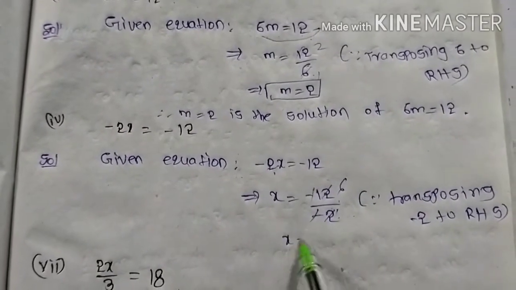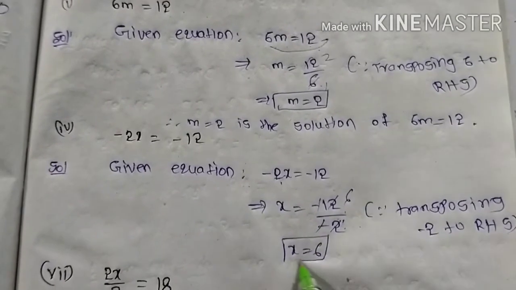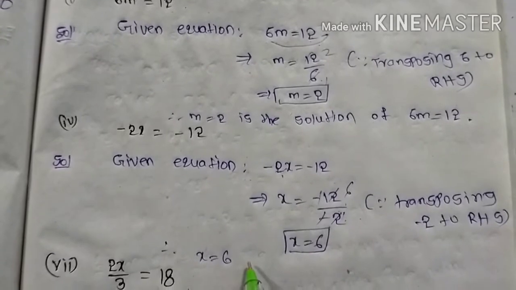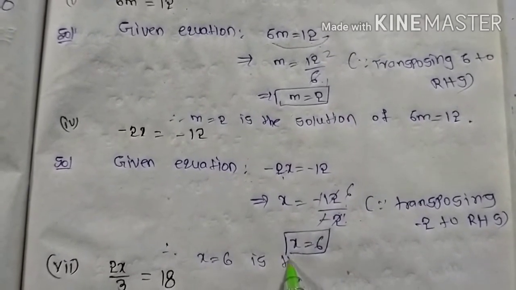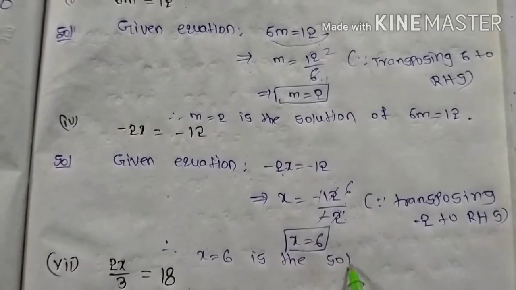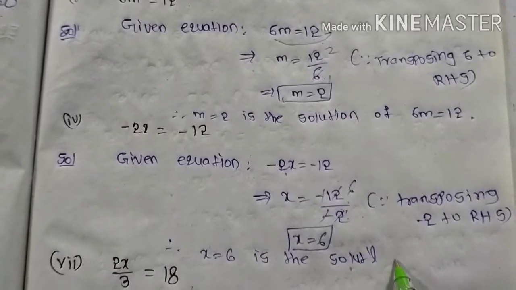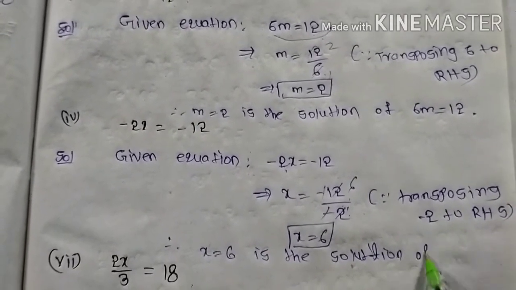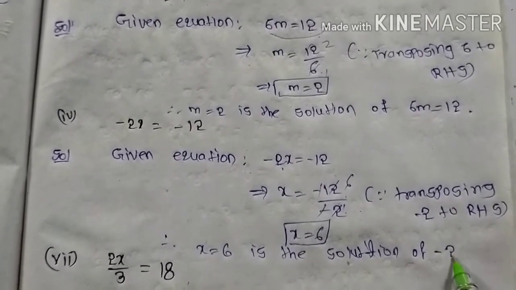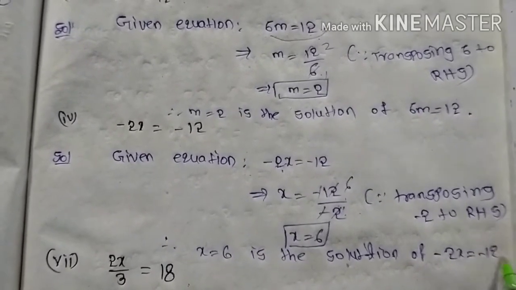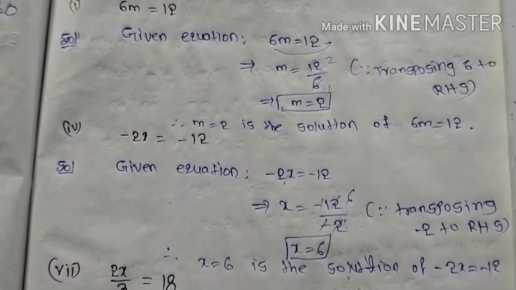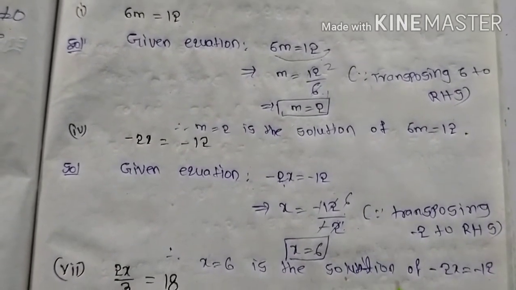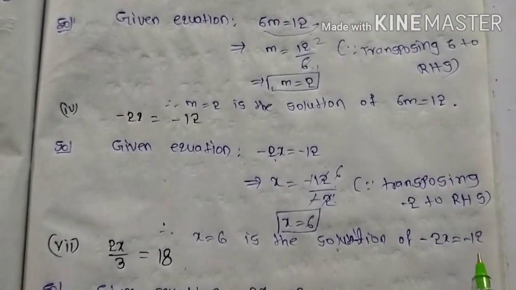That means x is equal to 6. You can write there, your answer is x is equal to 6 is the solution of minus 2x is equal to minus 12.